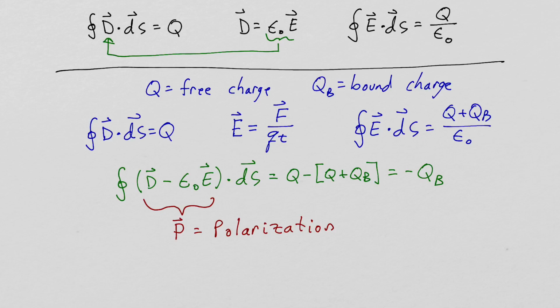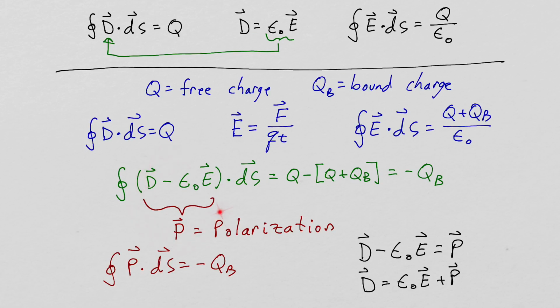We are going to identify this expression in parentheses as that third field, which is called the polarization, and its symbol is uppercase P. With that identification of this term being the polarization, we have our third Gauss-like law that the integral of P dot dS around a closed surface is equal to minus the bound charge enclosed.